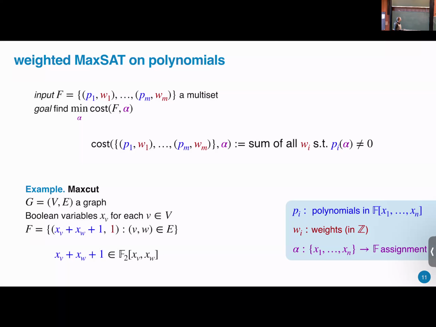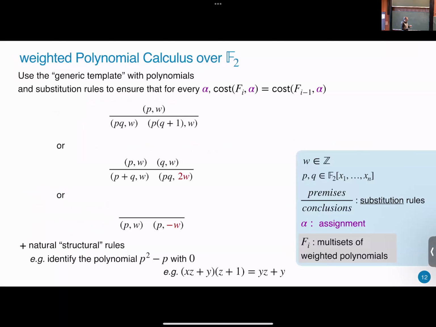And yeah, so we want to work in this setting, and we want a system that will take arbitrary weighted polynomials over some finite field, and produce a sequence of configurations with rules that are preserving the cost. And similarly to weighted resolution, this is a way that we propose to do that.